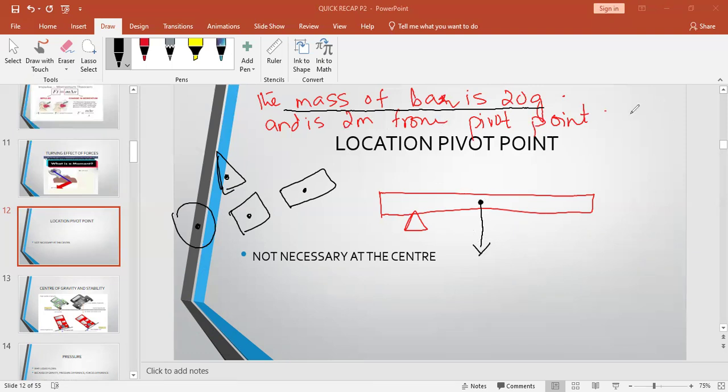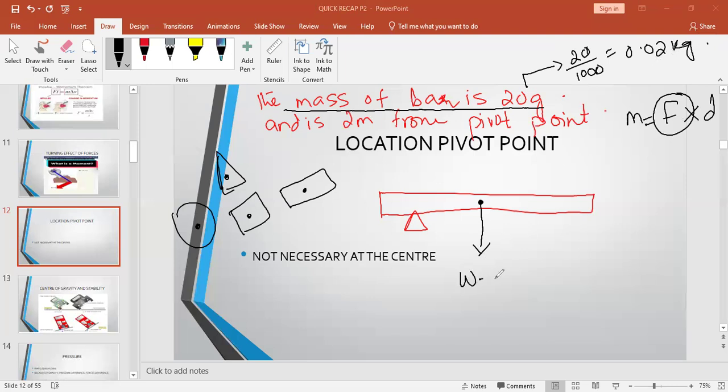But because in the formula of moment we require force, we will not put mass over here. First of all, we will convert this into kilogram. So that will become 20 divided by 1000, so it will become 0.02 kg. Because in the moment formula we require force, we will convert this mass into force.